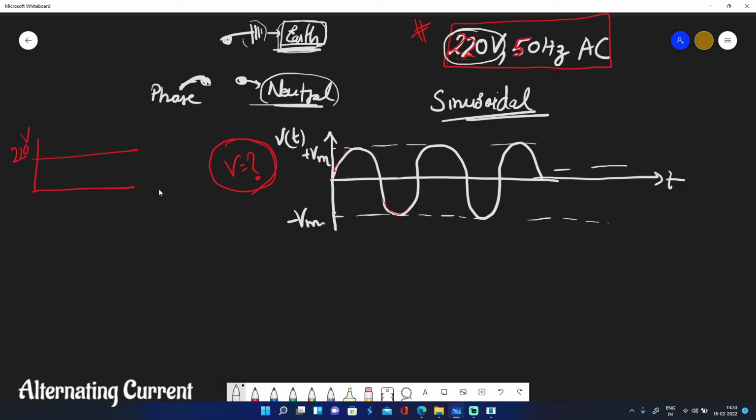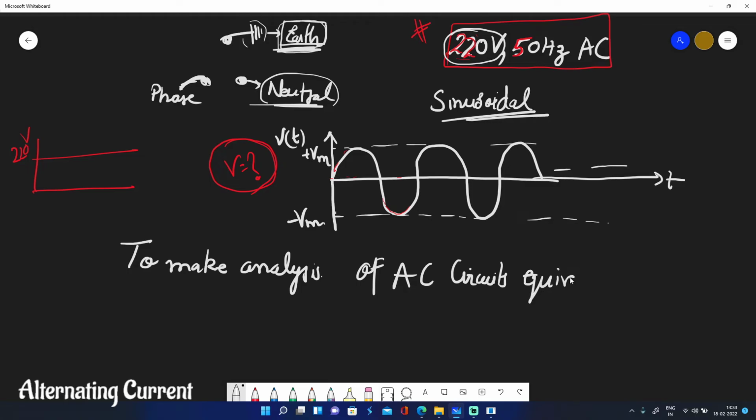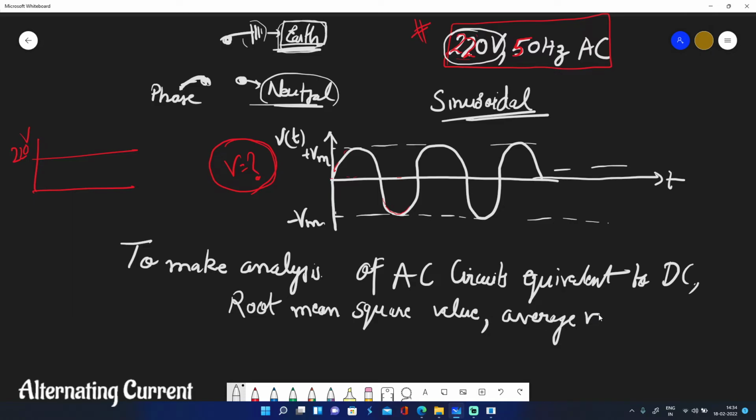So, to make the analysis of AC circuits equivalent to DC, we introduced terms such as root mean square values, average values, average voltages, average current.